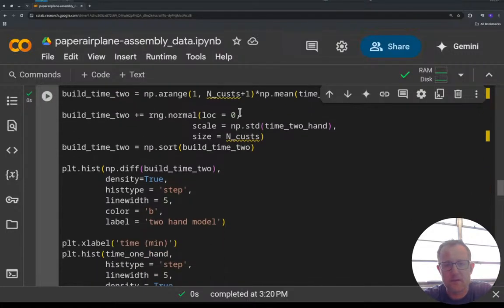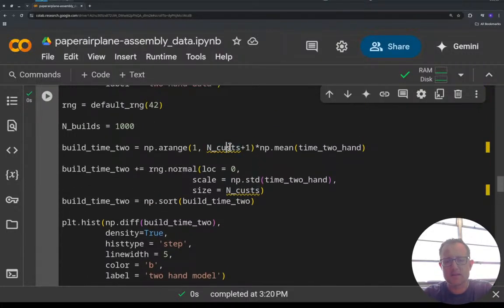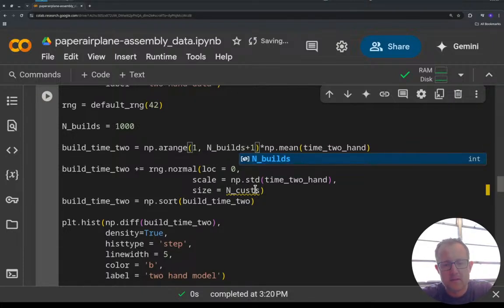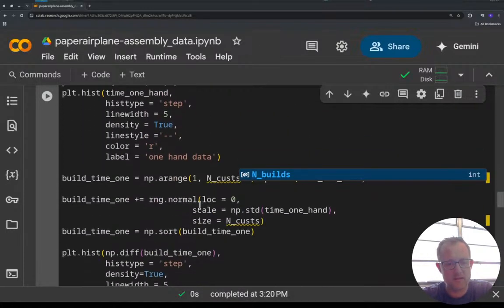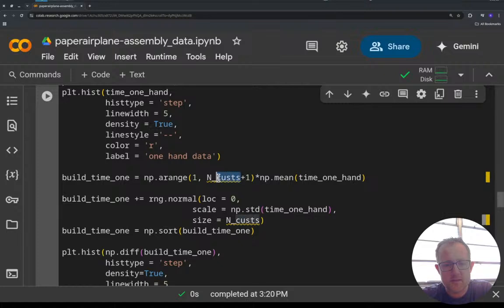N_BUILDS, sorry about that, because I renamed some stuff. So this should say N_BUILDS, and this should say N_BUILDS, and you'll have the updated one.